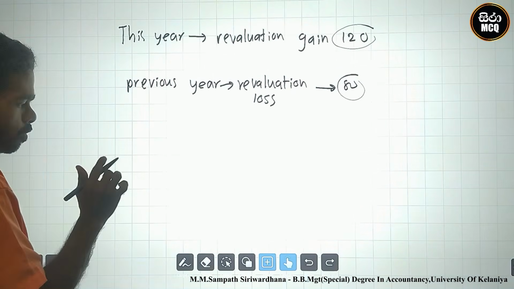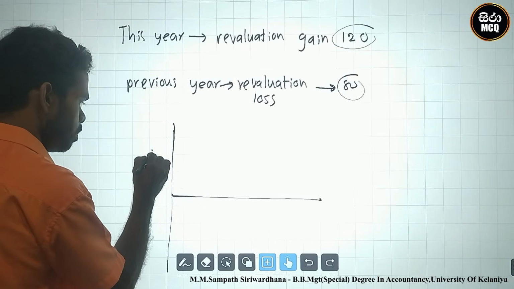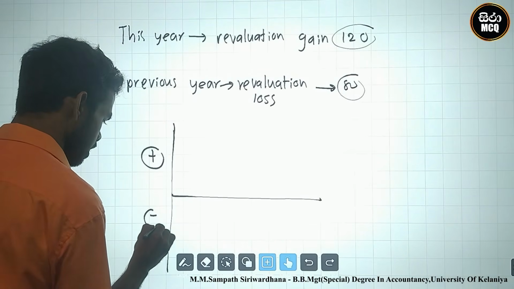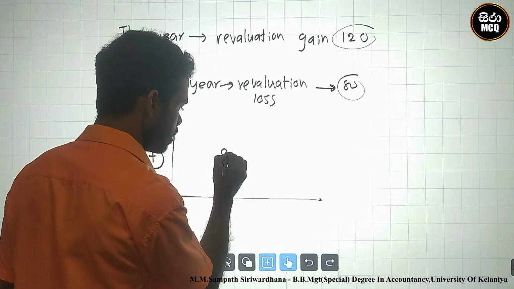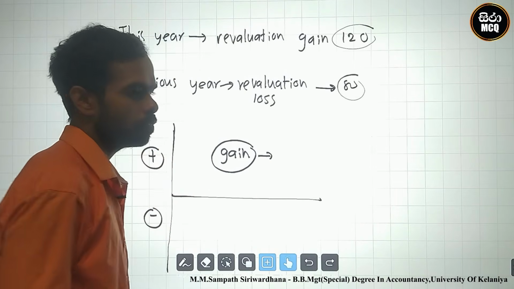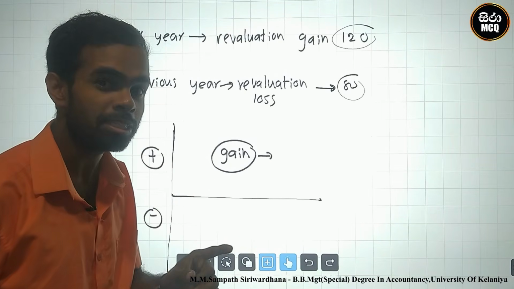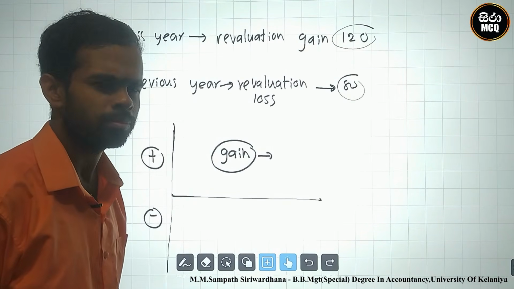Look here. This is the result. Firstly, we identify there are areas. This is the plus area. This is the minus area. This plus area is the gain area, revaluation gain. What is the final destination of the gain?